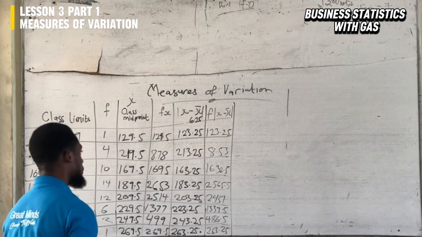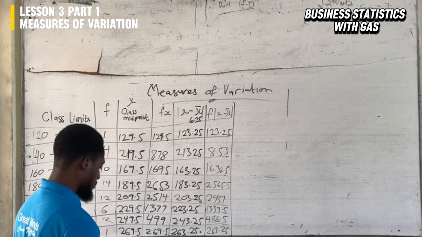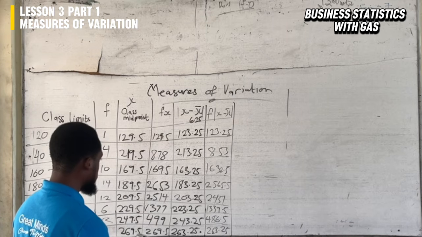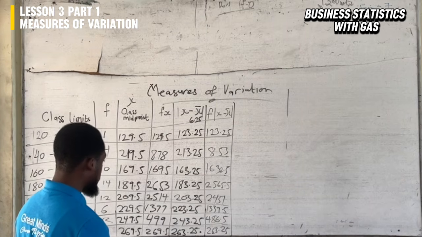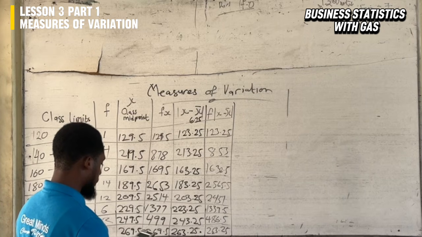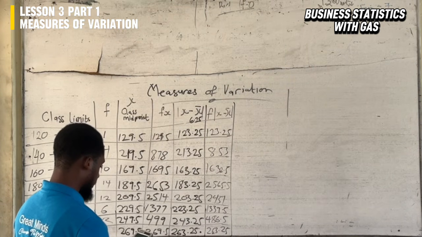You add all this to get your sigma f absolute deviation. 123.25 plus 853 plus 1632.5 plus 2565.5 plus 2439 plus 1339.5 plus 486.5 plus 263.25.